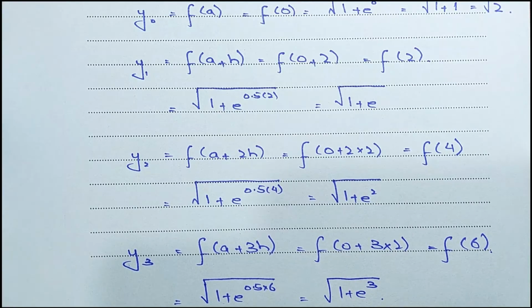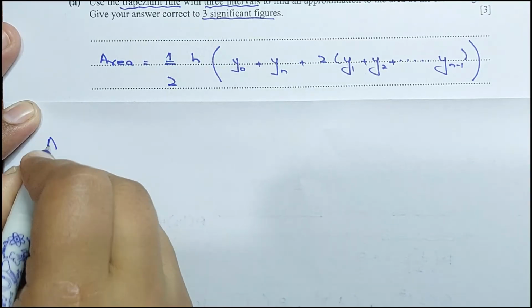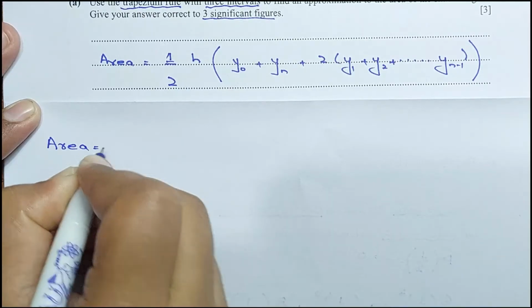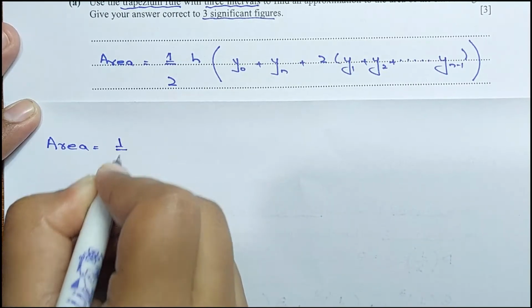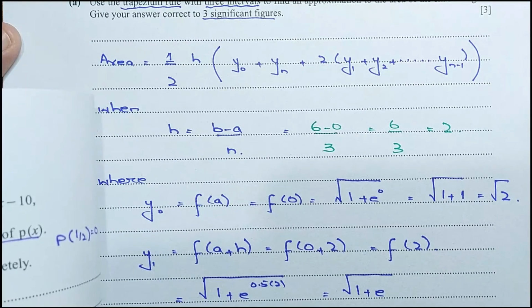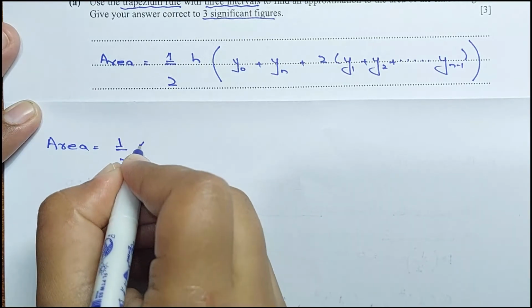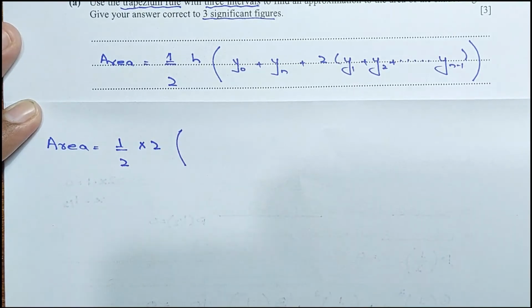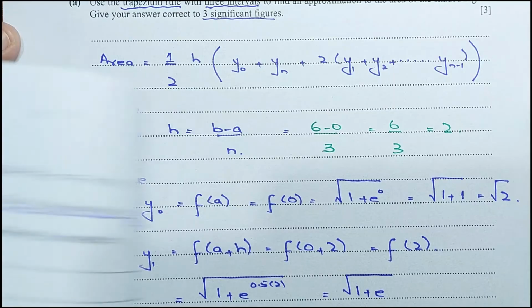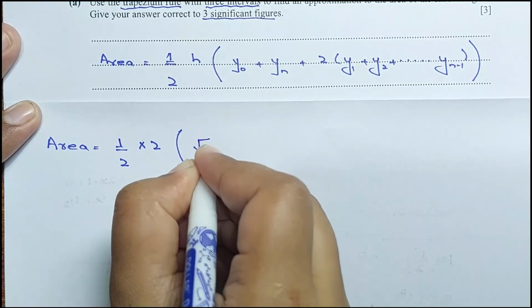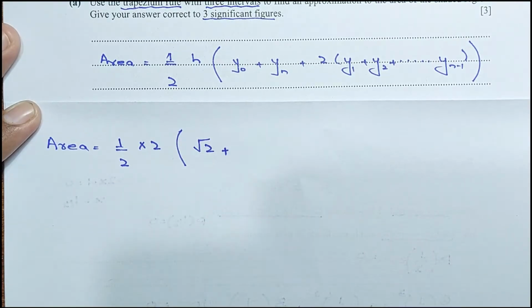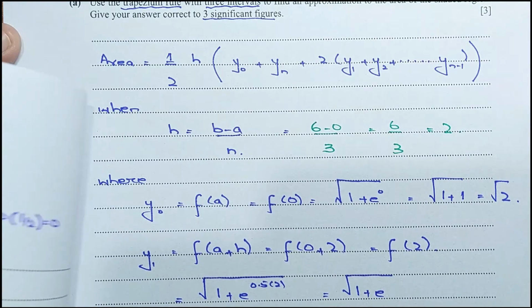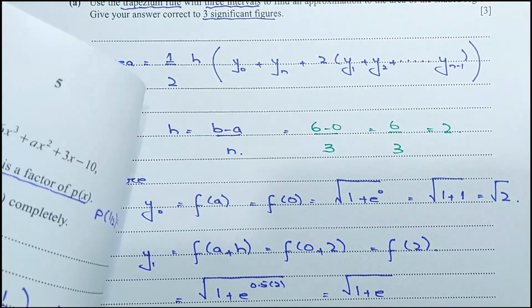Okay, let me plug all the values into the formula of the area by trapezium rule, which is half times h, which is 2, times y naught, which is root 2, and y1 is this.